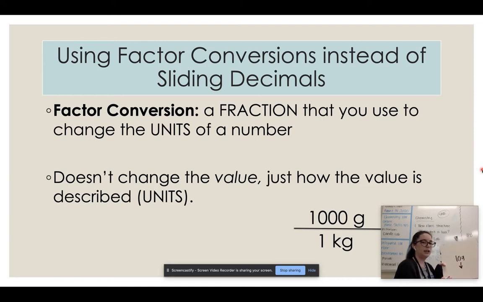If I wanted that in milligrams, I'd be adding 3 decimals because I'm making the number smaller. So I would have 10,000 milligrams. However, if I had 10 grams and I wanted it in kilograms, I would be moving it over to get a very small number.